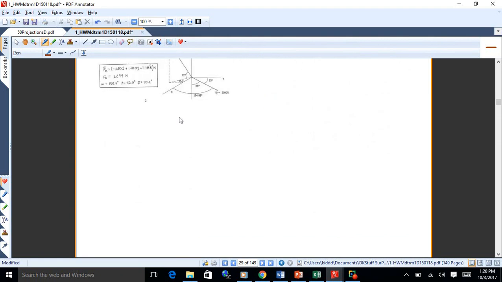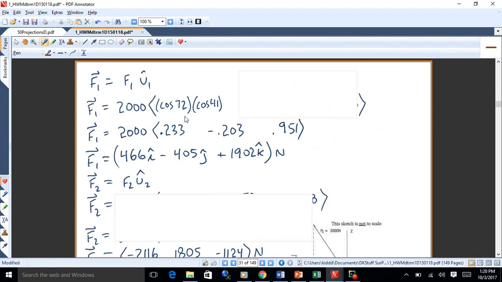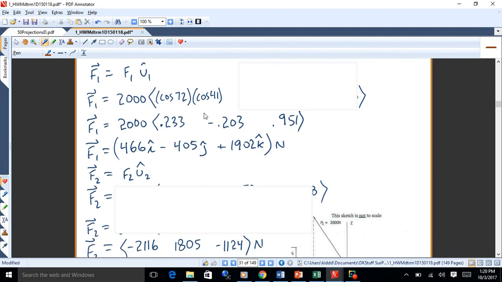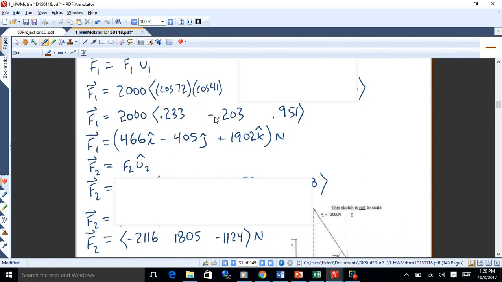Okay, let's have a look here. For alpha, you're combining cosine 72 and cosine 41. Now for beta, when you do that cosine 72, you're down in the xy plane. You just have to find the angle from there to the y-axis.